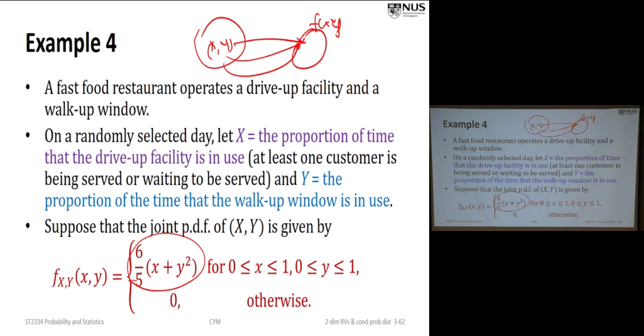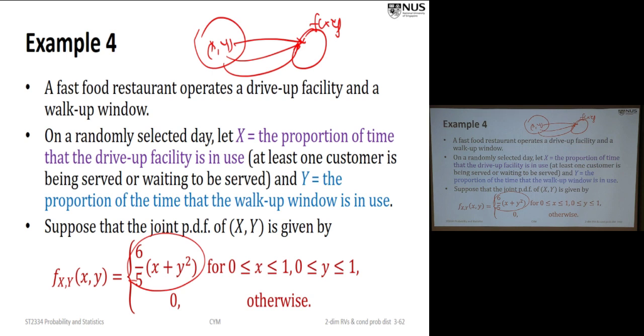Another thing you have to pay attention to, and this is very important, is that the functional form here, which is 6/5 times x plus y squared, is valid only when x lies between 0 and 1 and y lies between 0 and 1.